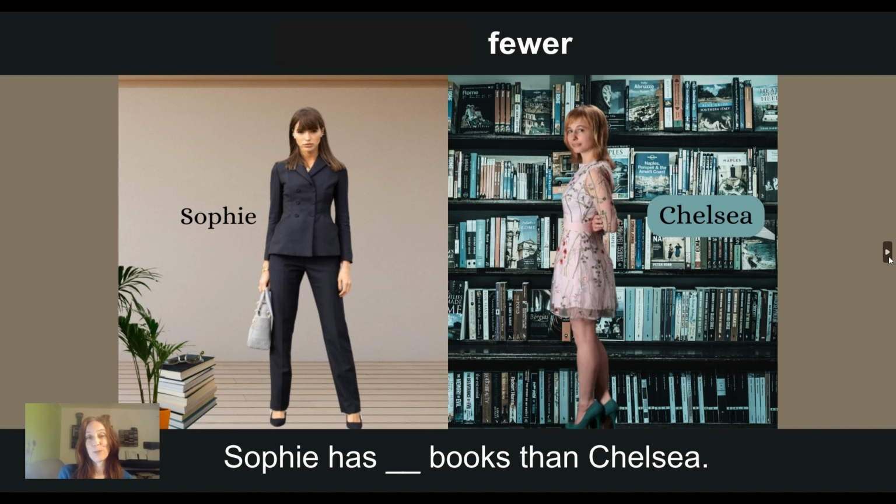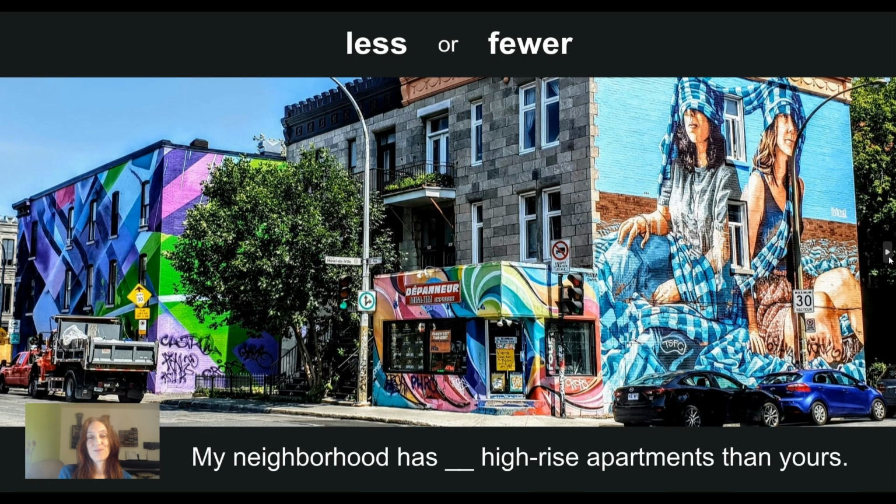Sophie has fewer books than Chelsea. Okay, you try the next one. My neighborhood has high-rise apartments than yours. Fewer high-rise apartments. Next one.